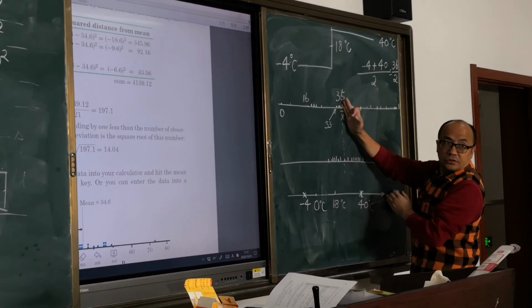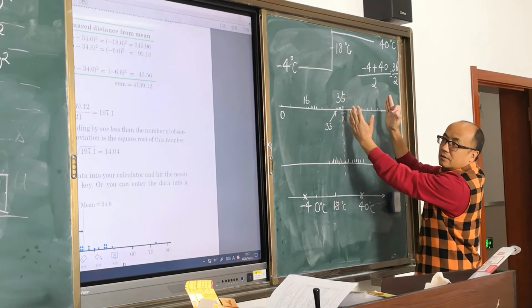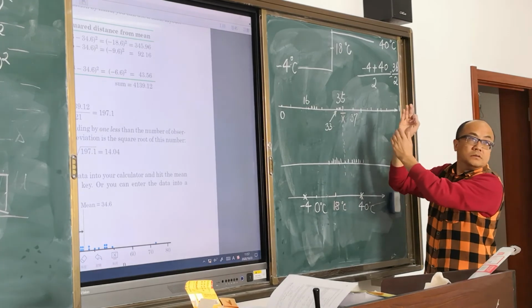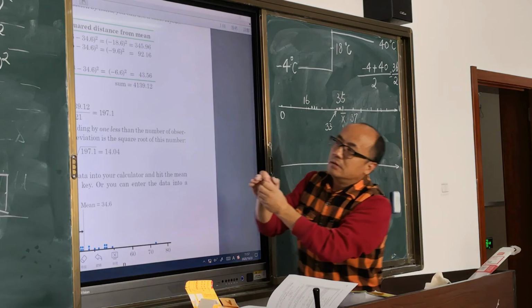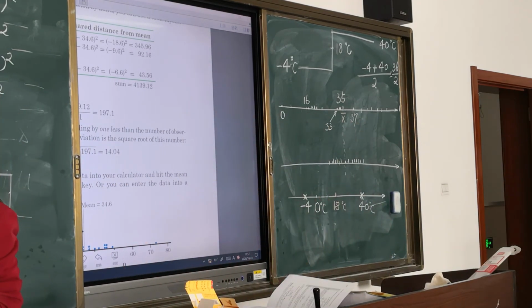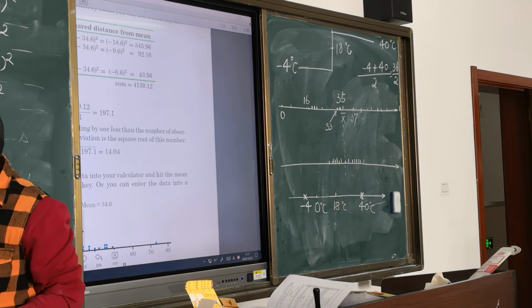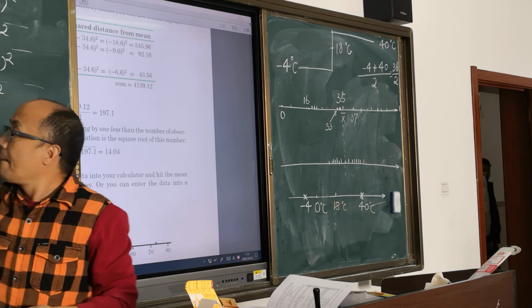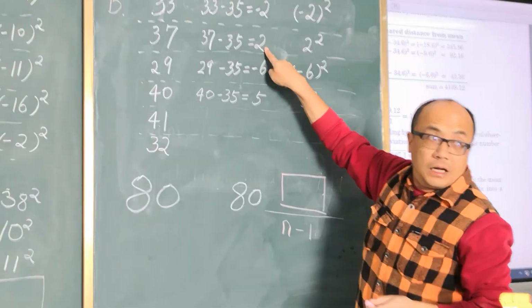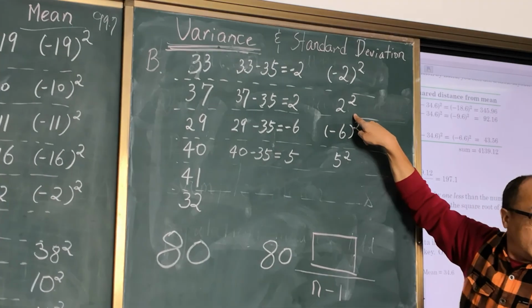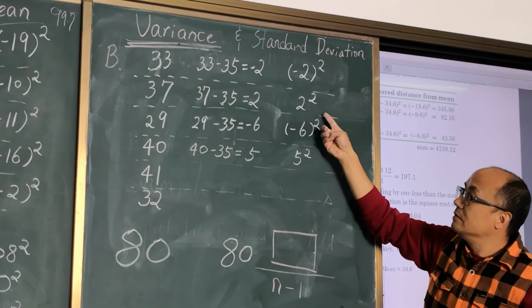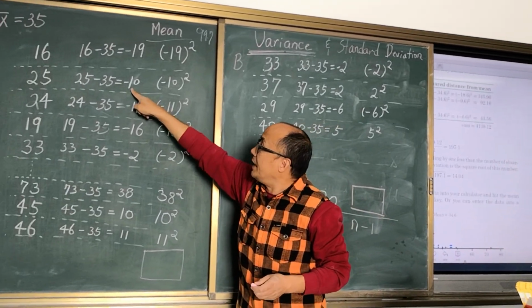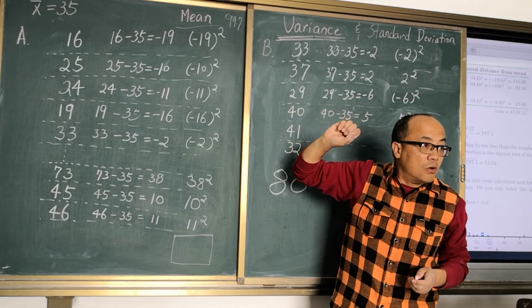If the distance is 10, the square is what? 100. The distance is 2, the square is what? 4. If the distance is 10, the square is 100.